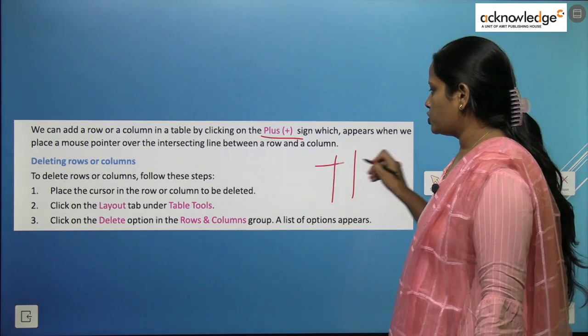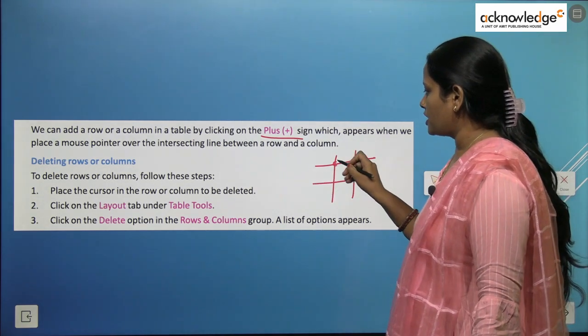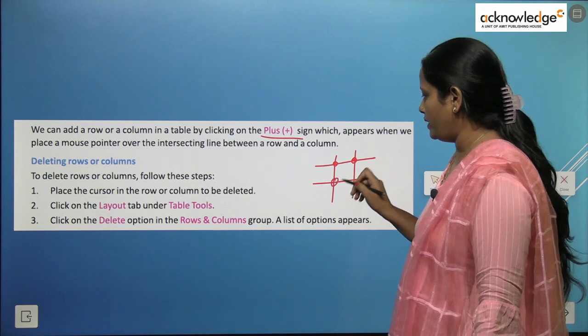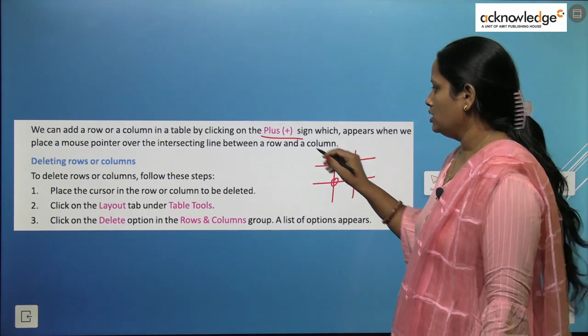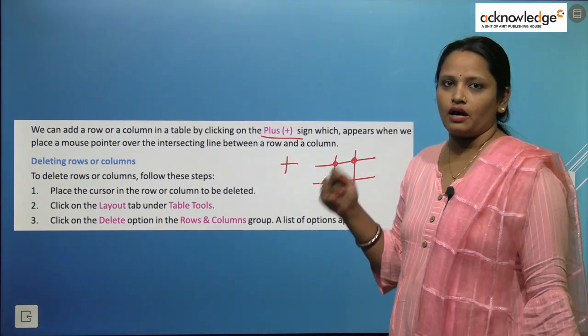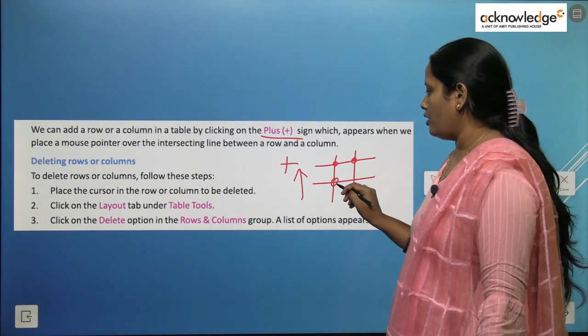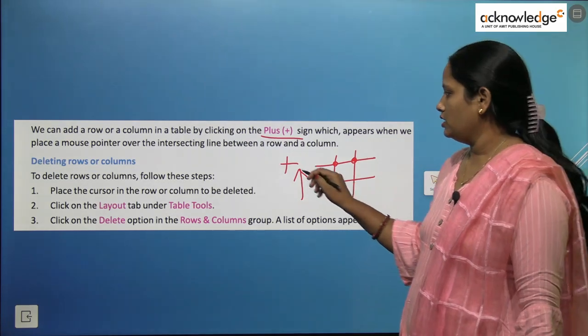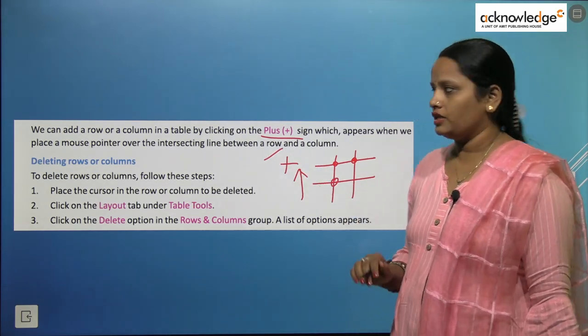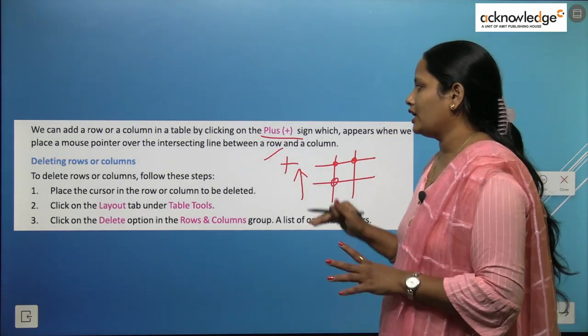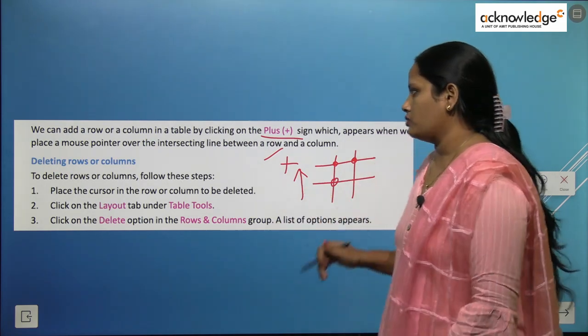So, as I told you, these are the intersecting lines. If I place my mouse pointer here, this type of sign will come. Otherwise, there will be an arrow. But if I place my mouse pointer here, this type of plus sign will be there, and by clicking on that also we can insert rows and columns.